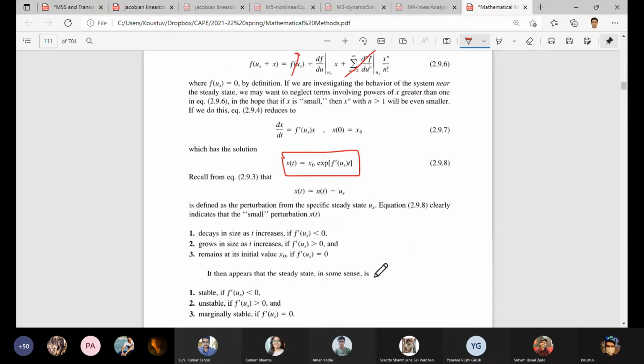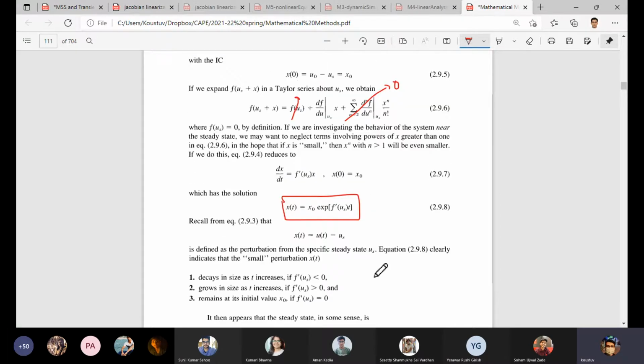Now, as you can see, this is a positive term, or this is the initial condition. Now what essentially will be achieved in terms of the conclusions is that as t increases, the perturbation, which is nothing but x of t, will decrease if this value is less than 0, right?